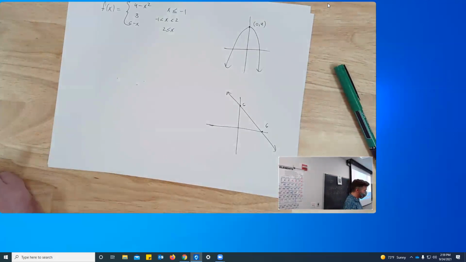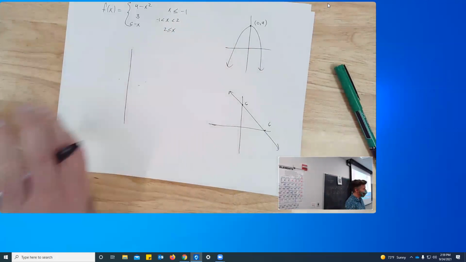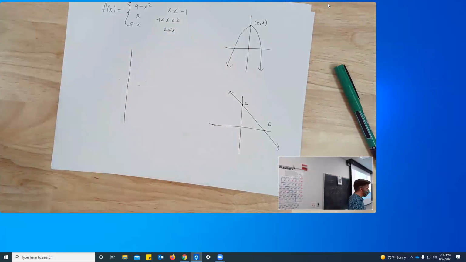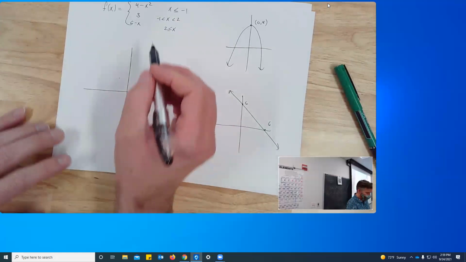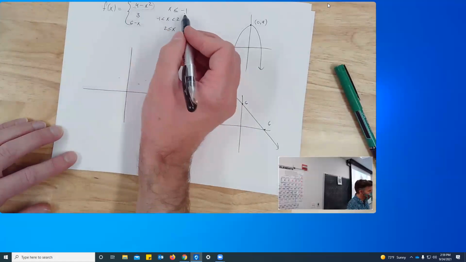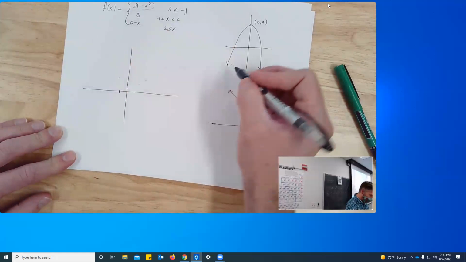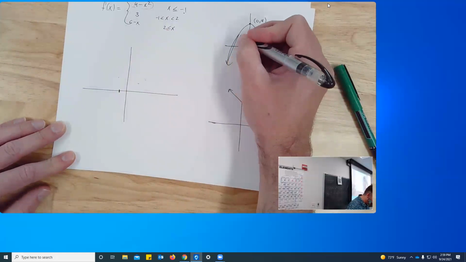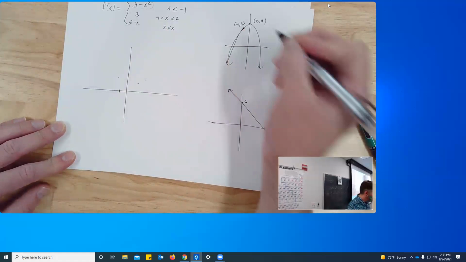I'm not even going to draw it. And then I'm going to, I feel like the word just is not the right word there. It's not just, it's the process. I'm going to draw this section until I get to x equal to -1. So I want all this graph up until I get to when x is -1 and y is 3.